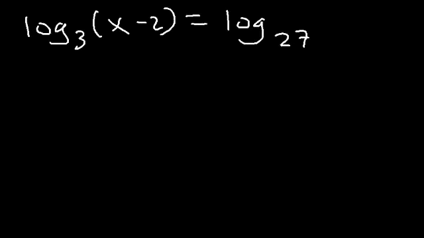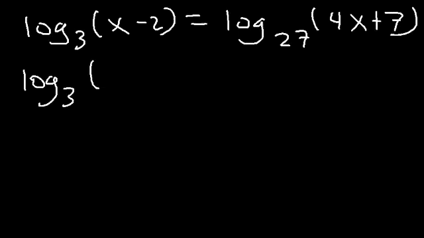And now let's check it to make sure that it works. So here is the original expression. This is an equal sign. And let's replace x with 5. So we're going to have 5 minus 2.